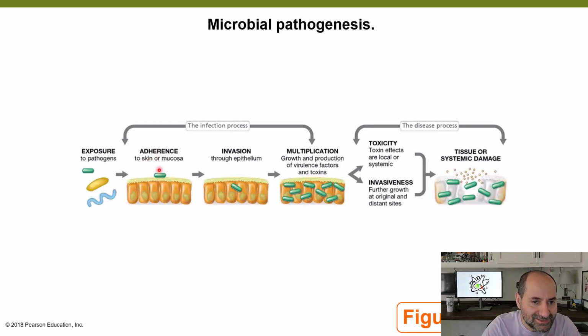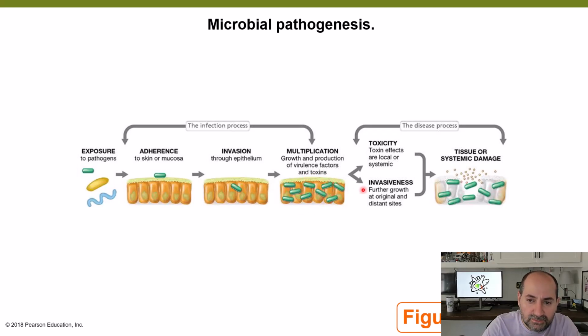The microbe must stick to the host, either to the skin or the mucosa, followed by invasion, where the microbe invades the skin or the mucosa through to the epithelium. And then multiplication. Remember, once the pathogen is inside of you, it must be able to grow. It must be able to form a colony. Then, upon multiplication, it might produce various virulence factors or toxins in order to damage the host or spread further.